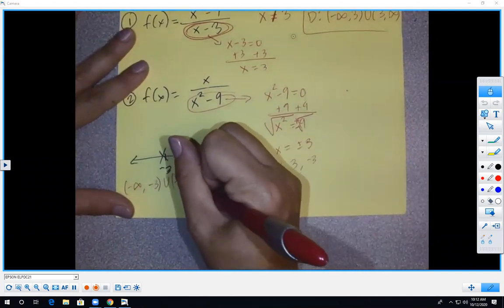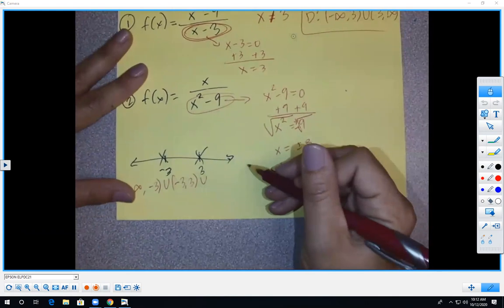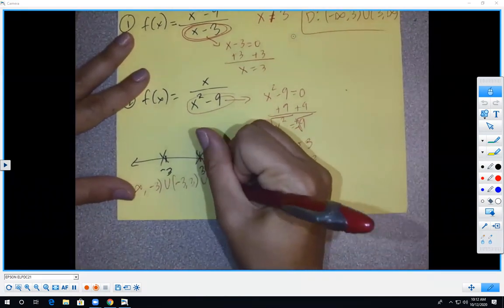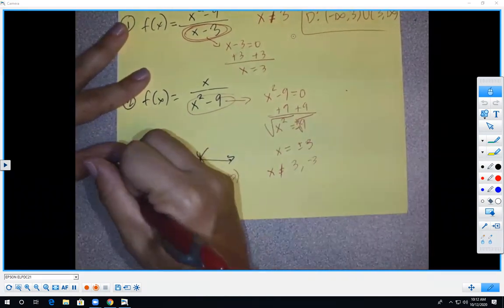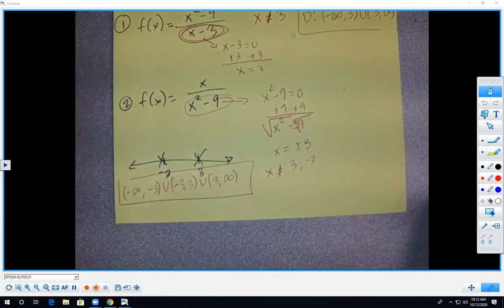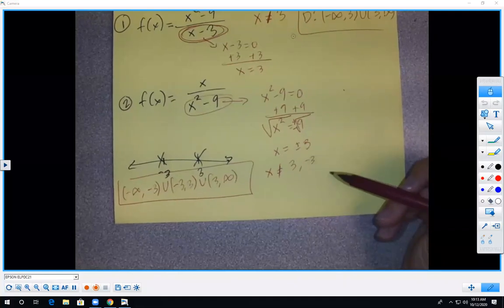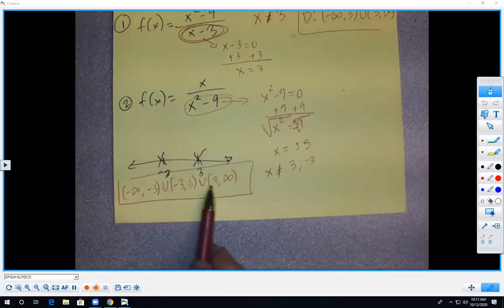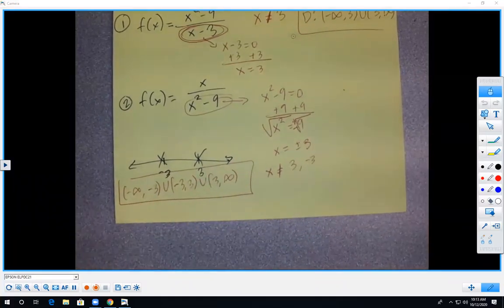Both of those not included. And this last piece would be positive 3 to infinity. So that's the domain. Questions about that? If you had 3 numbers as your answer here, you'd have like 4 pieces because there's three cuts in it.